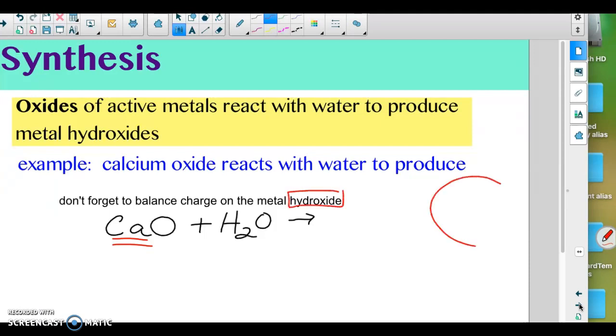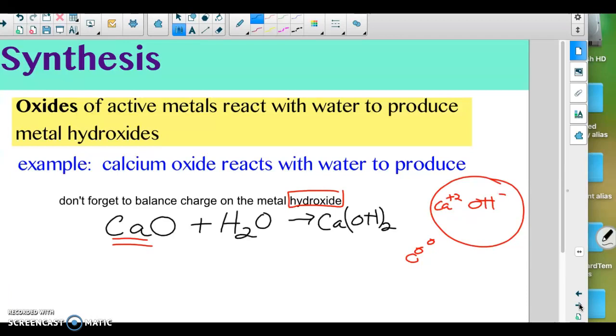My thinking is calcium is +2, hydroxide's minus. So the formula is going to be Ca(OH), and then don't forget the parentheses. You need to have 2 of the O and 2 of the H, or 2 of that polyatomic ion.